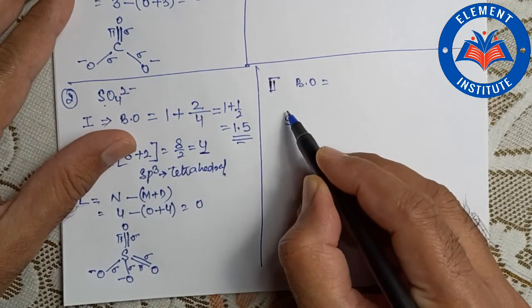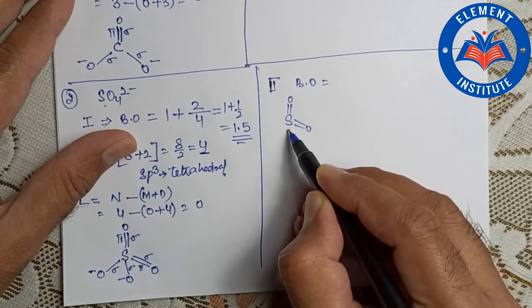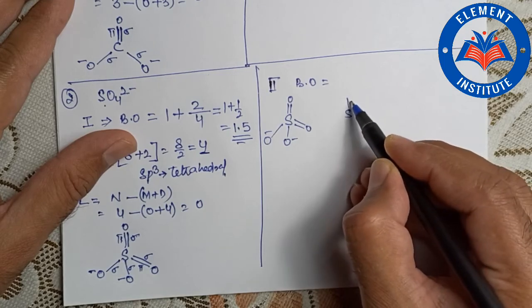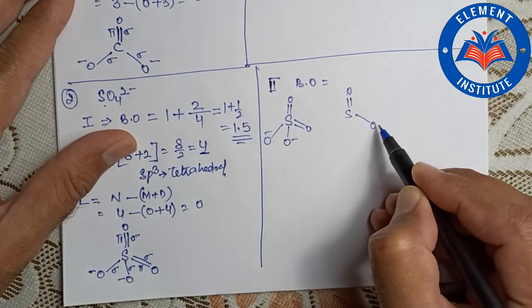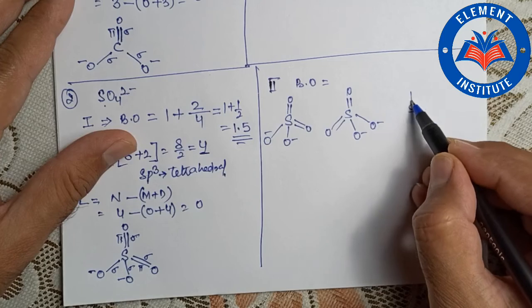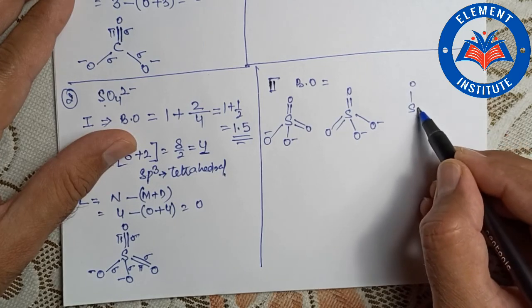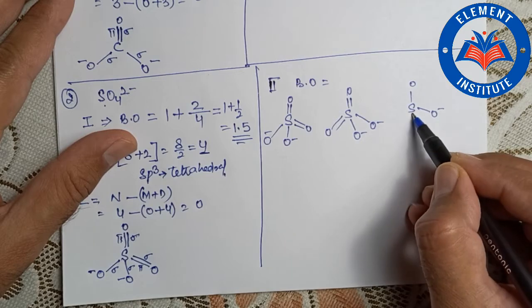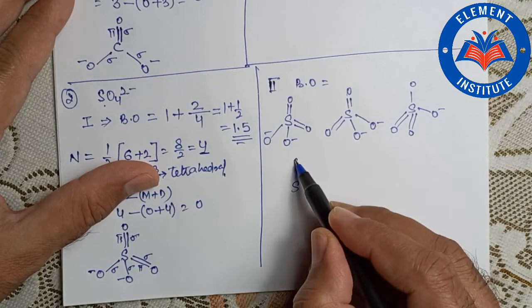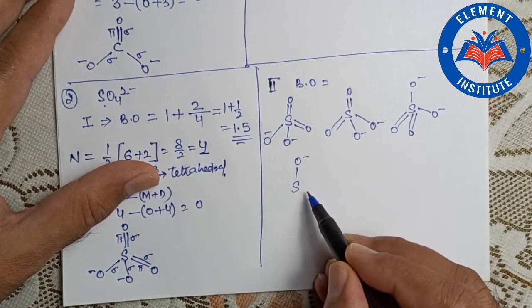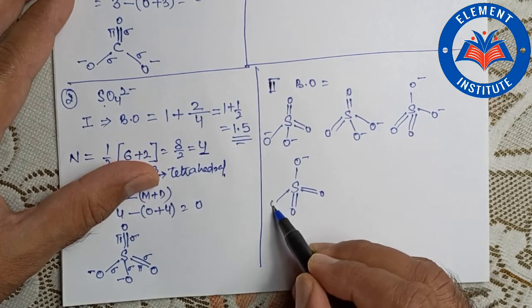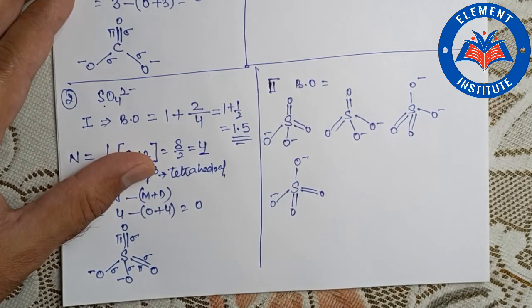So these resonating structures will be this, this, okay, and one more is like this. No other structure can be drawn.